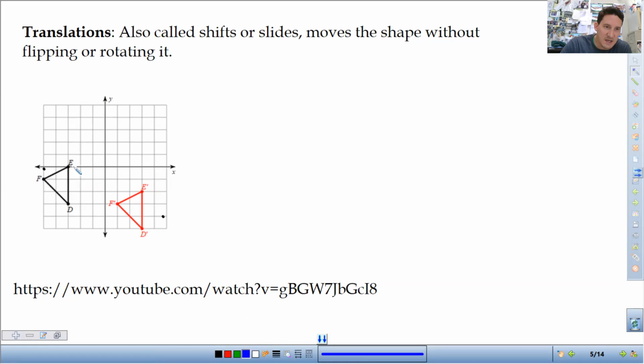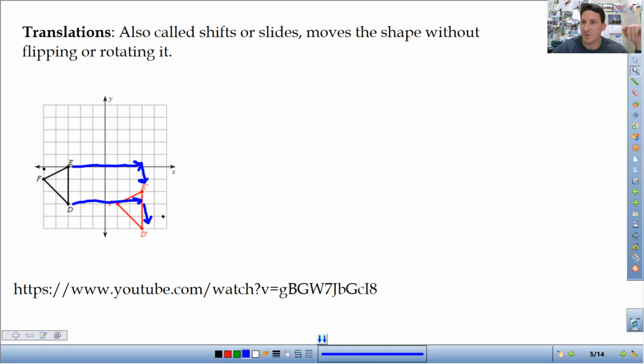And we can see it just moves over and then down. And each point moves the same distance. So it goes over 6, down 2. So D would go over 6, down 2. And then it's getting a little messy, but F does the same thing.